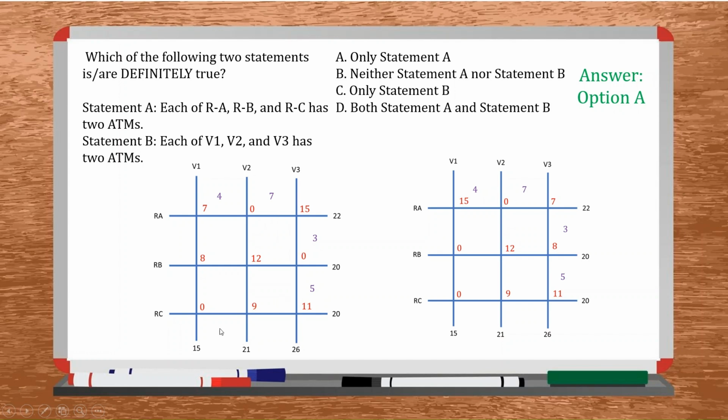So both the statements are true as per solution 1. But if we consider solution 2, then V1, V2, V3 don't have 2 ATMs each, because V1 just has 1 ATM of 15 requirement. Hence, only RA, RB and RC have 2 ATMs each. That is something we can finalize. So in this case, only statement A is true. So option A is the correct answer.